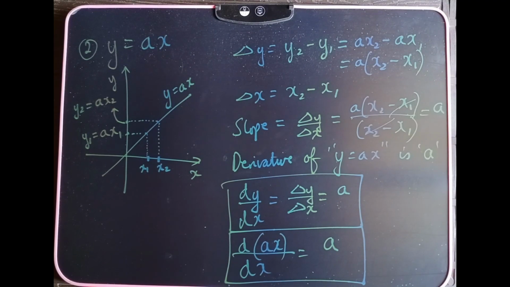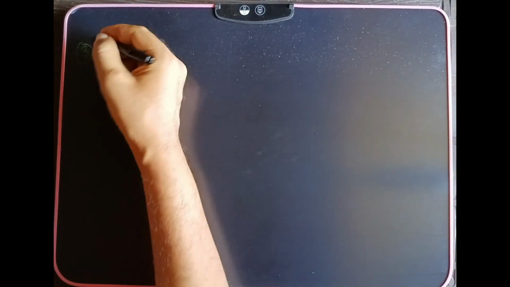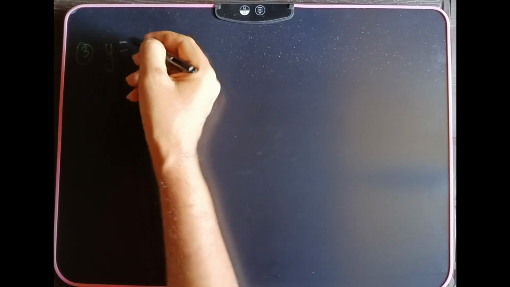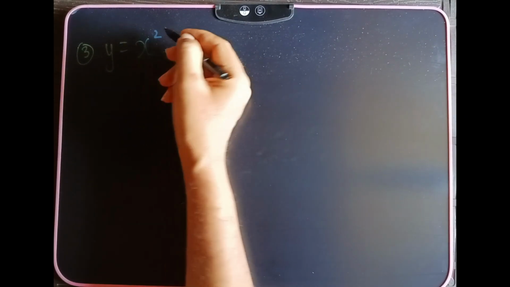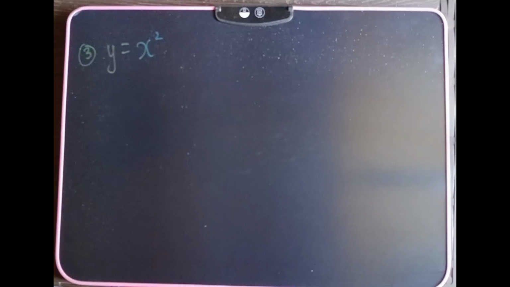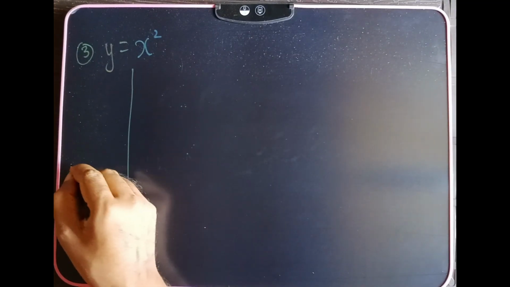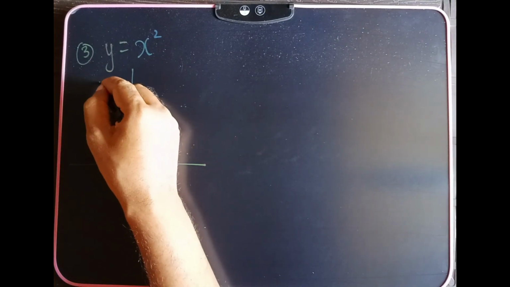Let us take another case. The third case is a common function like y is equal to x square. The graph of this function is a parabola.